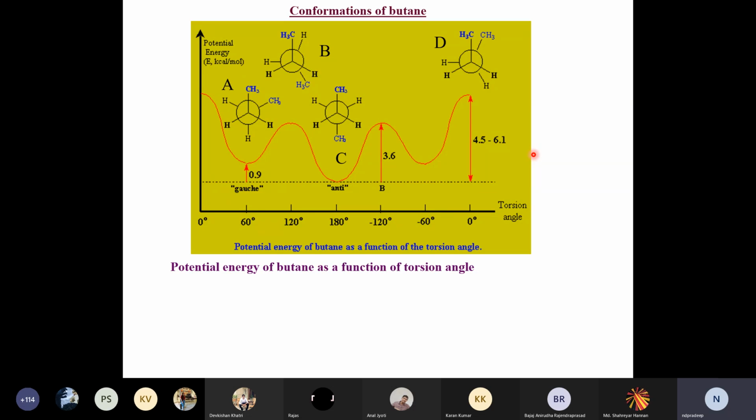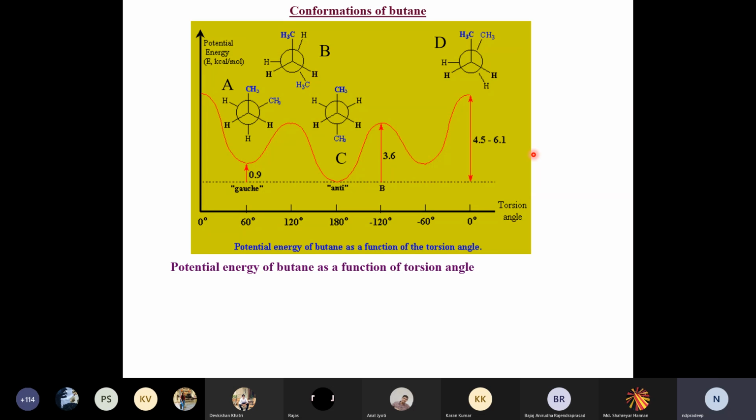So when we ask for minimum energy conformer, please put your brain in and say that it will be anti and gauche. I have taught this many times, and this question comes many times. You should not write anti-form immediately without reading the question. If I ask for minimum energy conformer, gauche and anti both are minimum energy conformers. If I ask for least energy conformer, then you should write anti. That time don't write gauche and anti. Understand the difference between least and minimum.